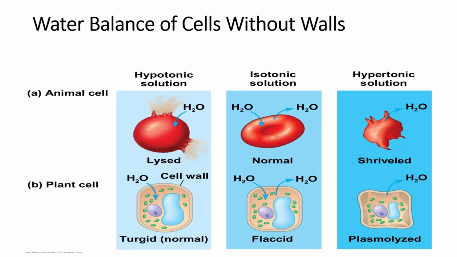So now the cell starts to get big. It gets plump. So we say that it is turgid, right? And when that happens, then what's going to happen? When it becomes turgid, eventually, as more water comes in, the cell blows up, or it lyses. Okay, so the cell dies over here as well. Cell dies here, cell dies there. In a hypotonic solution it dies, and in a hypertonic solution it will also die.